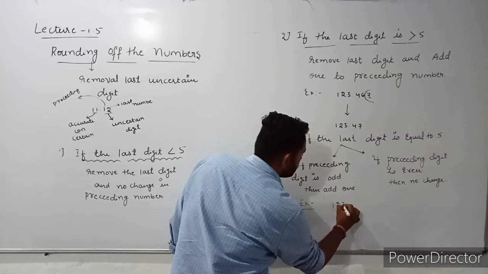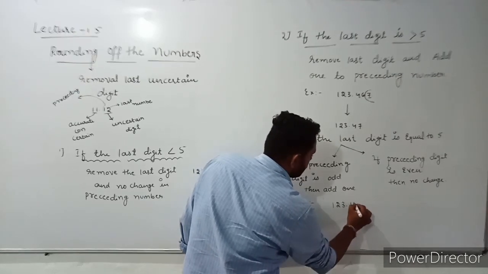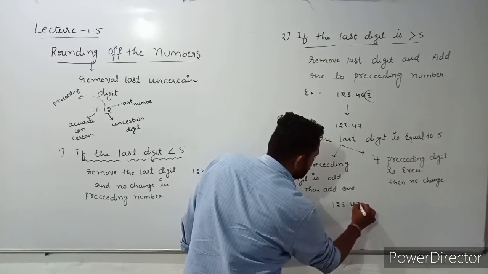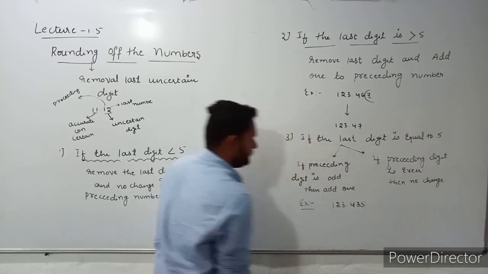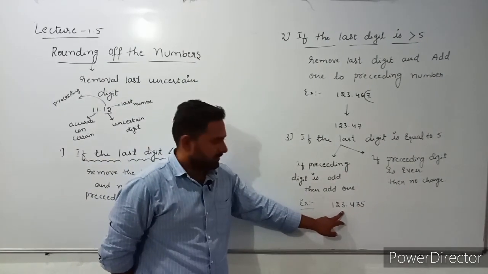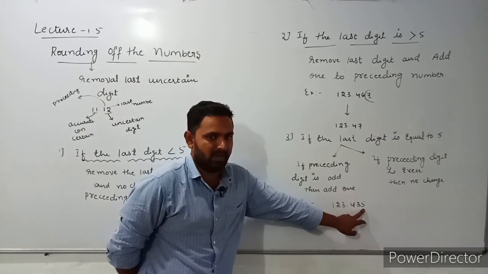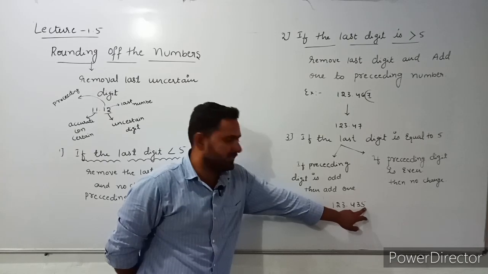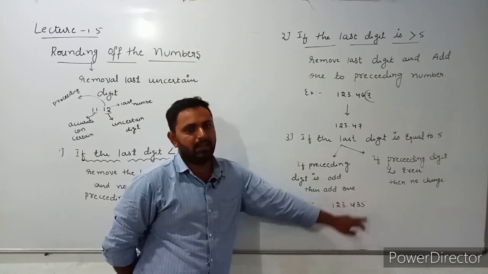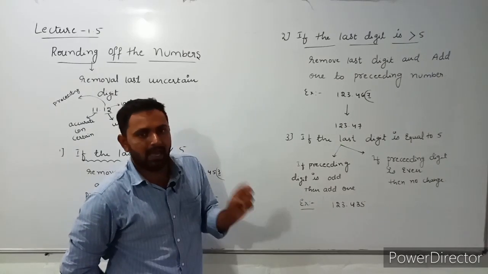Okay, now let us check one example. 123.435. Now round off this number. In this case, the last digit is equal to 5. When the last digit is equal to 5, then you check whether the preceding number is even or odd.